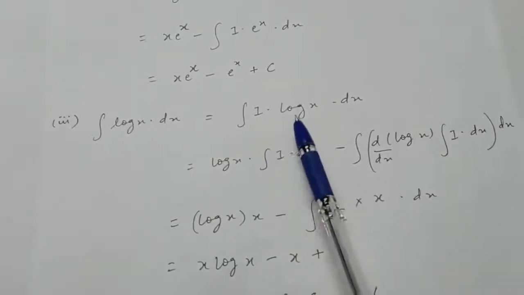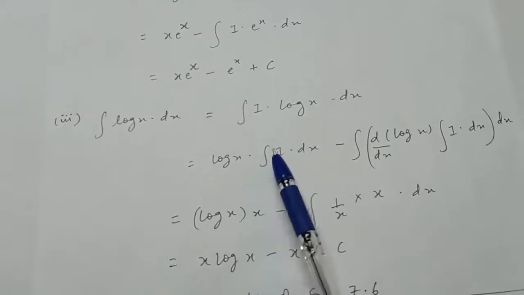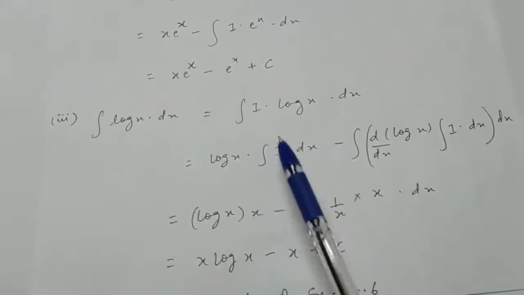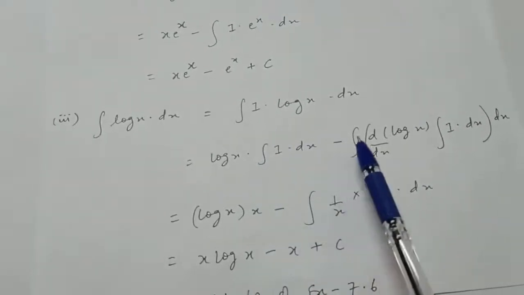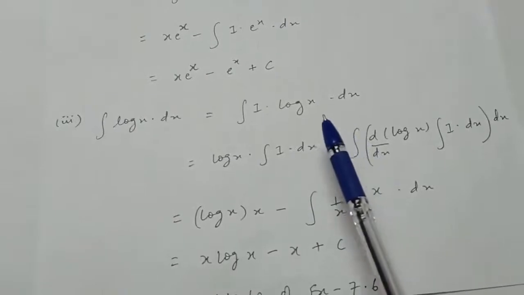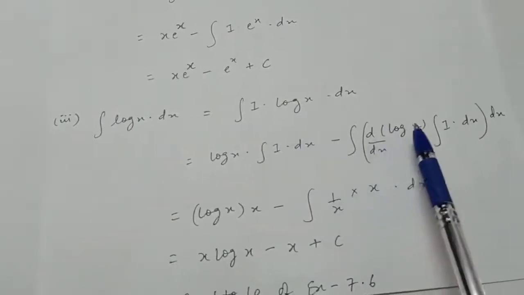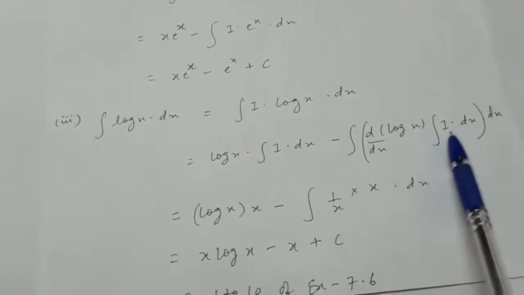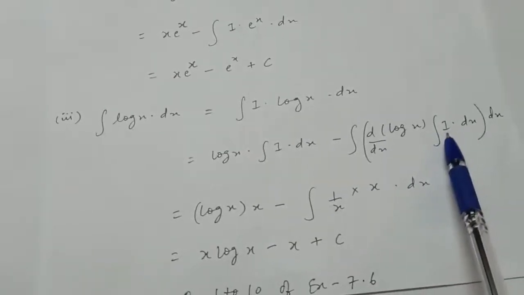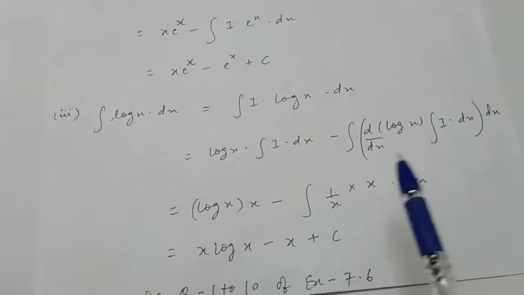So this will become first function into integral of second function minus integral of derivative of first function, that is log x, into integral of second function, that is 1 into dx.